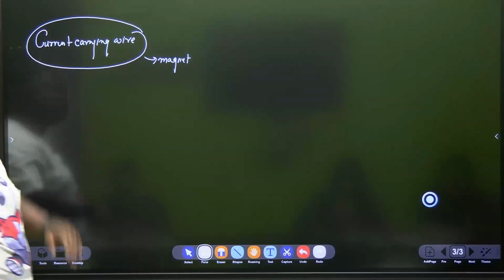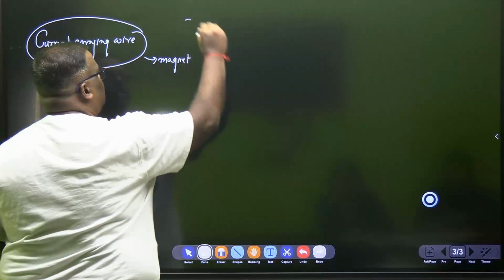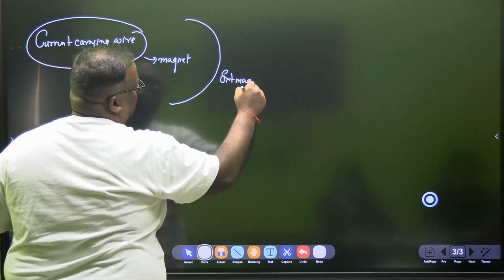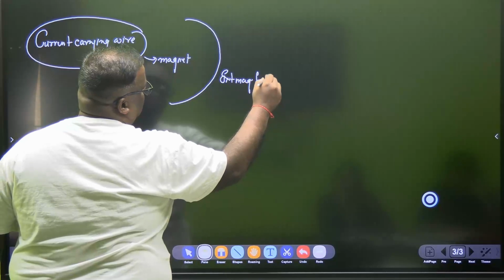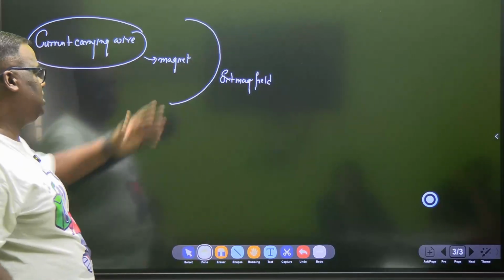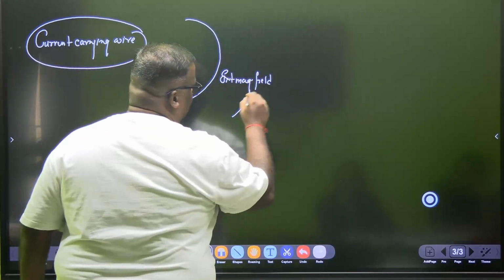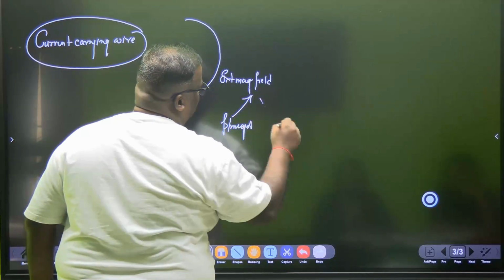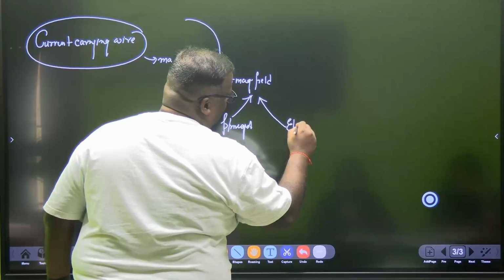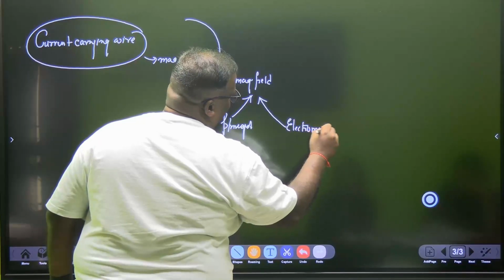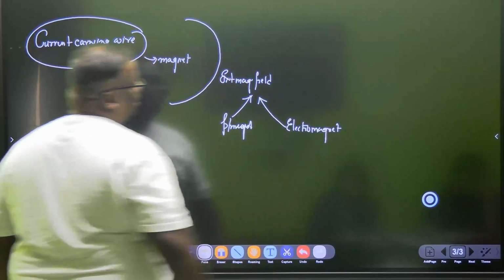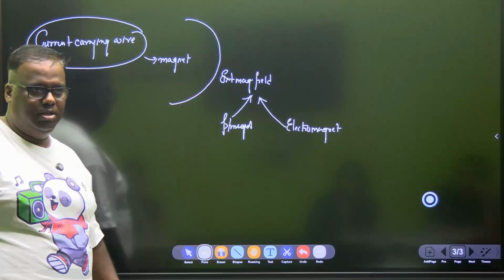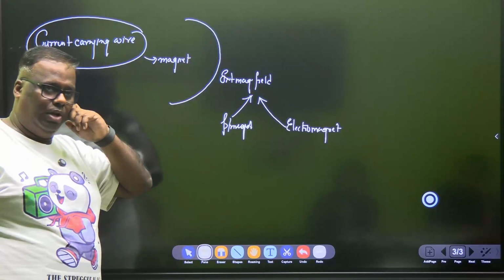Now you take this magnet and you bring it in the vicinity of some external magnetic field. This external magnetic field can be created by some permanent magnet, or it may be created by an electromagnet. That's not my lookout. But what I know is that I have a current carrying wire and I'm placing it in an external magnetic field. Magnet in a magnetic field.